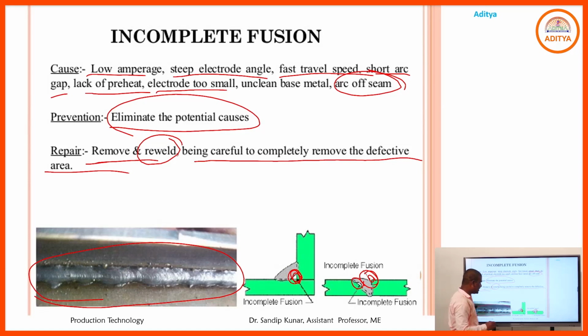When we find incomplete fusion, we remove that weld face. After that we re-weld. The full defective area is removed, then we re-weld, and due to that proper welding takes place at that particular weld zone.